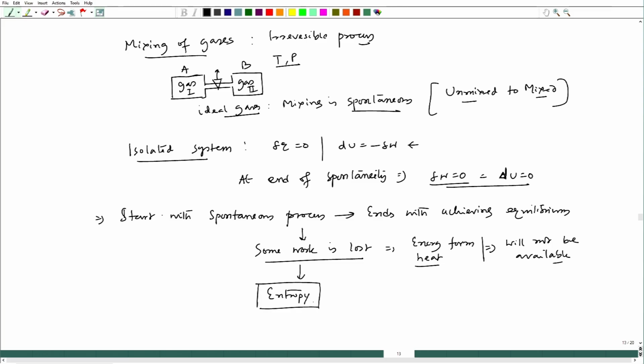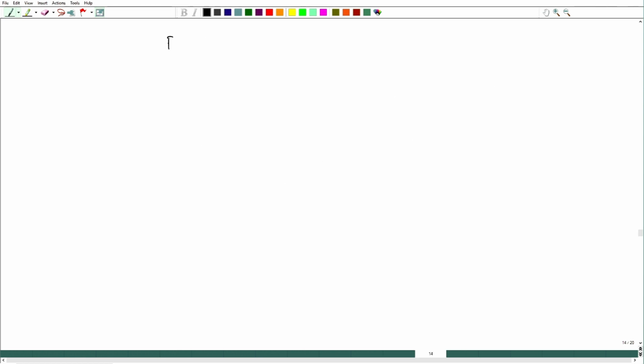Okay. This is a very, very interesting concept, where the lost work is converted into entropy. So, let us look at this entropy term, and its correlation with lost work. Let us do some experiment.